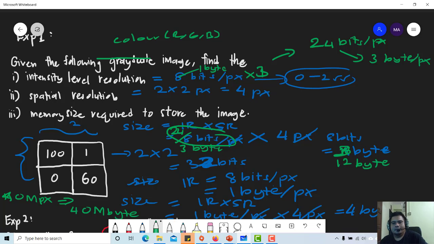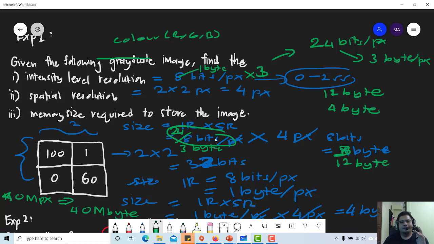So the summary: if the question is a color image, the size should be 12 bytes. But if the question is about grayscale, it becomes 4 bytes, because 1 pixel is 1 byte, so 4 pixels is 4 bytes. For a color image, 1 pixel is 3 bytes, so 4 pixels is 12 bytes.